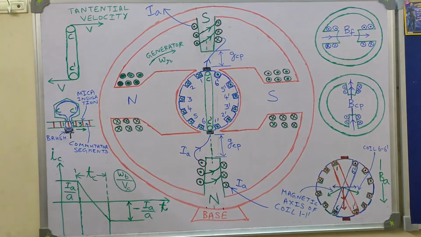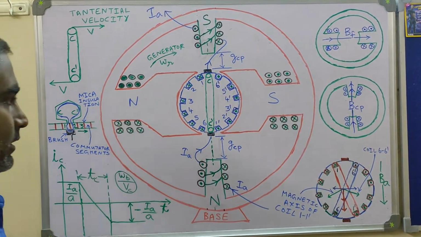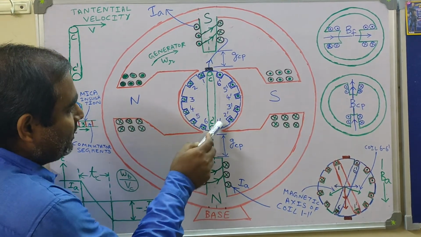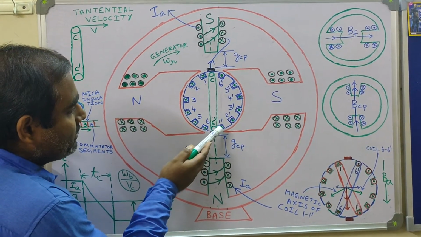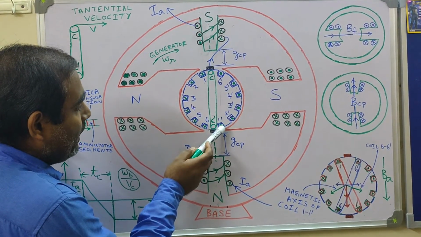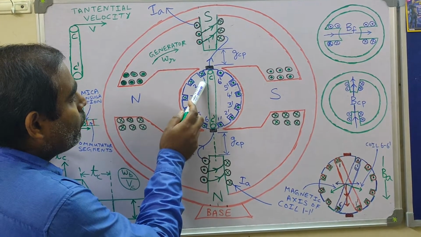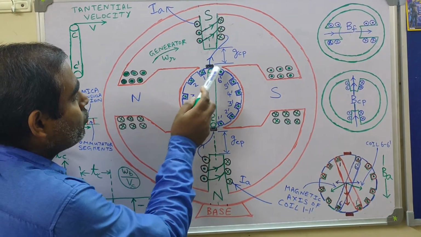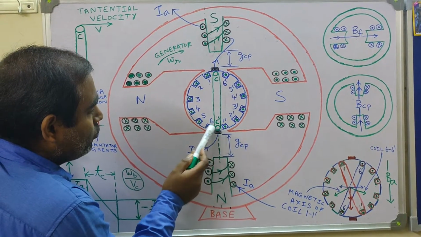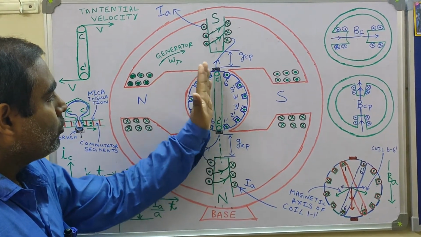Now we want to emphasize that by commutation of the coil, let's say 11 dash, because we have taken up this example earlier, the commutation of coil 11 dash allows us to analyze that coil side 1 will change its polarity from cross to dot, and coil side 1 dash will change its polarity from dot to cross when this coil side 11 dash moves to this side.